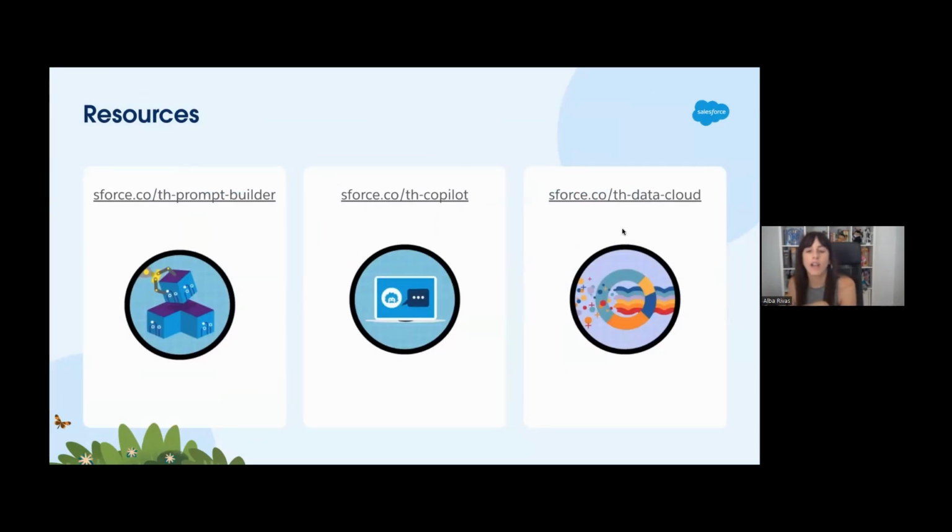These are three Trailhead modules that you can complete to request a 5-day trial with generative AI features and Data Cloud features activated. I recommend you get familiar with this so that you are prepared for summer, which is when the ability to incorporate Data Cloud into prompts will arrive.